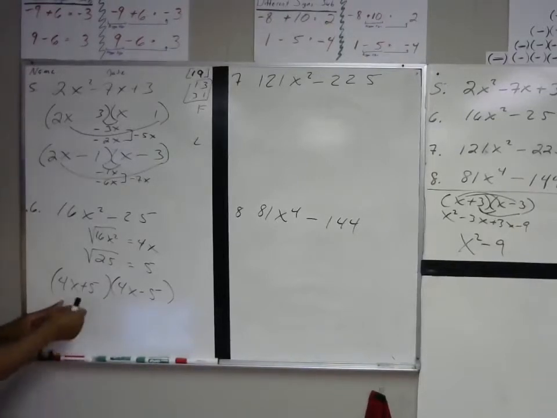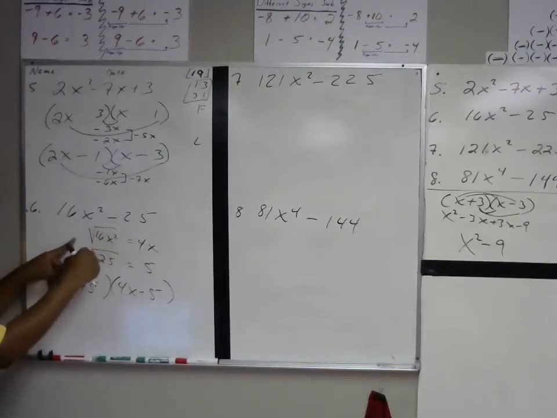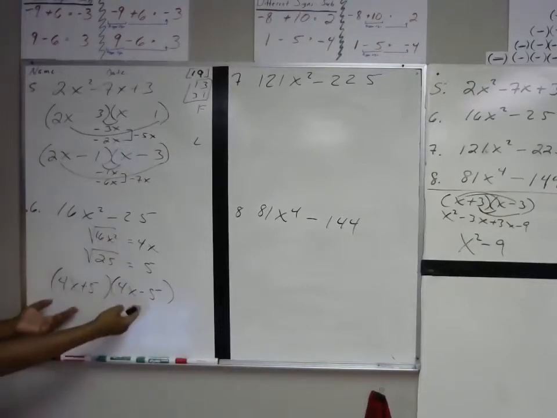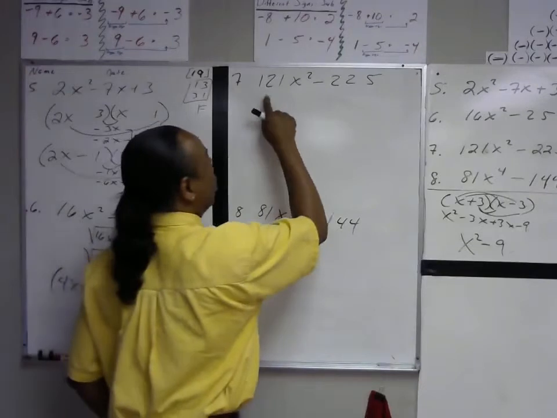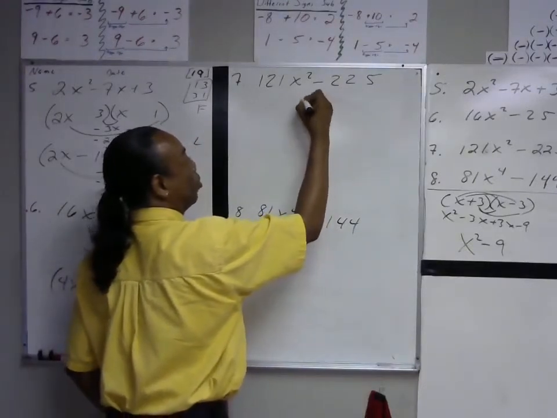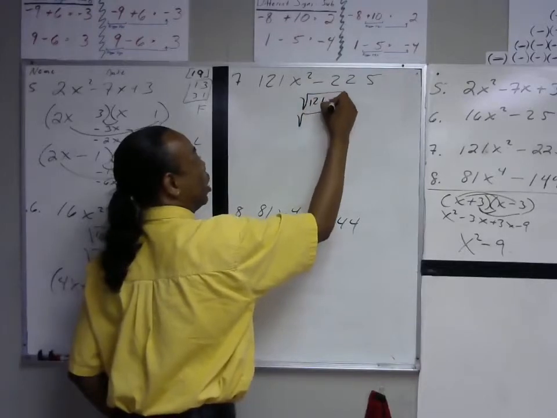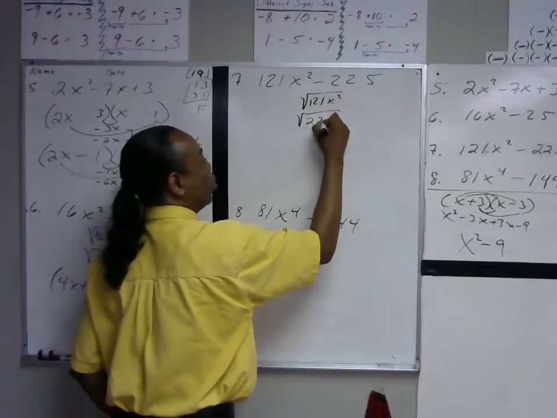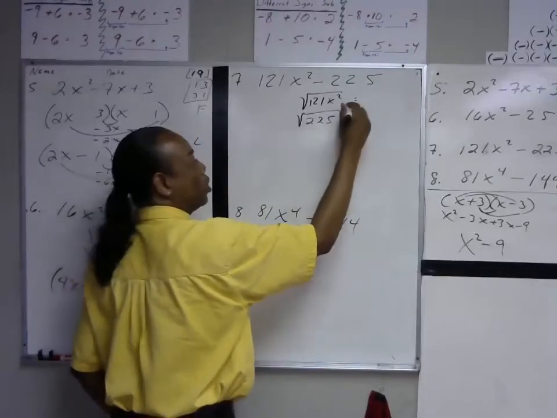And again, you have to have squares in order to do this, because if you can't take the square root of a number, then you can't get this result. So here, difference of two squares. I'm going to take the square root of 121, x squared, and 225. The square root of 121 is 11.